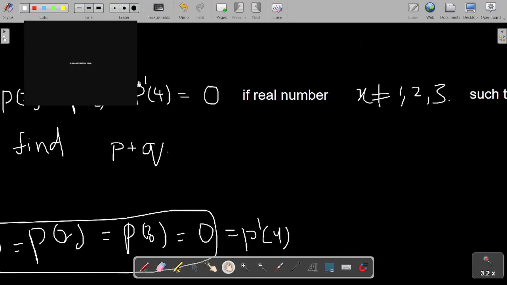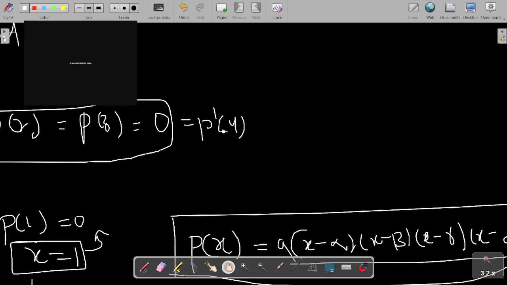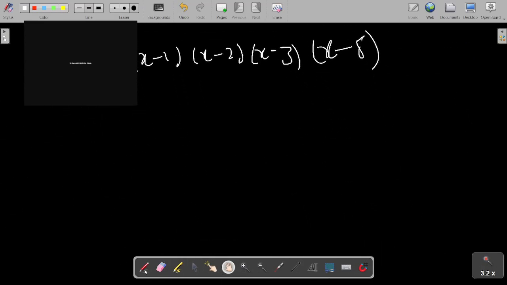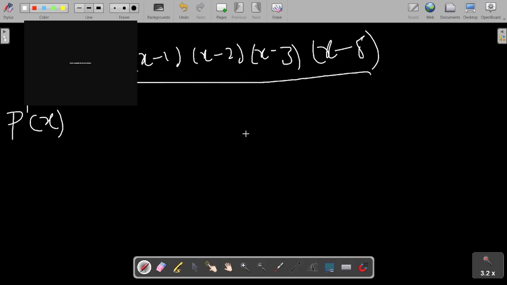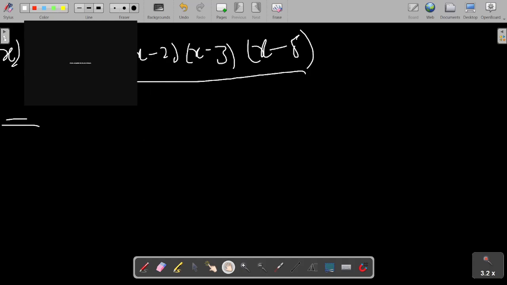So let's deal with this right now. P dash of 4. Before substituting 4, I have to find the derivative of this full expression right here. So we have to use the product rule for these 4 terms. For 2 terms, by using the product rule, this becomes x times y dash plus y times x dash.